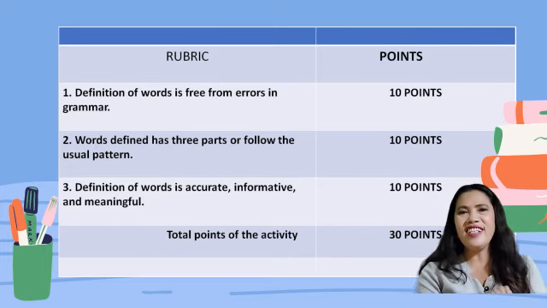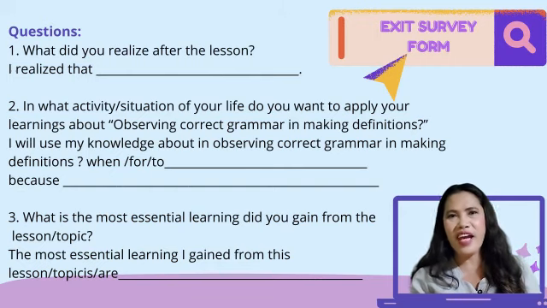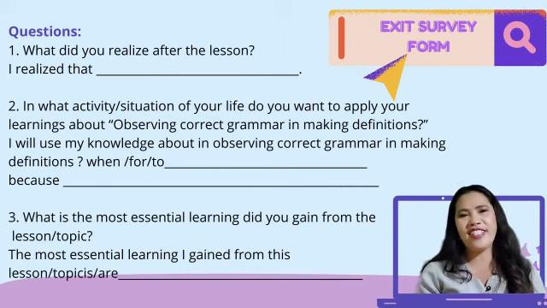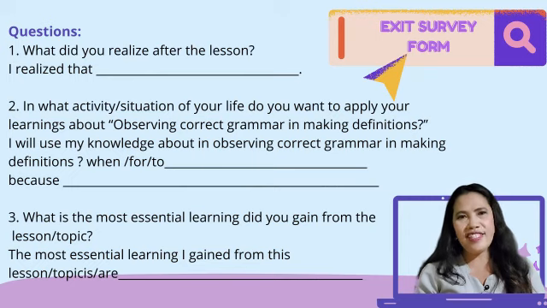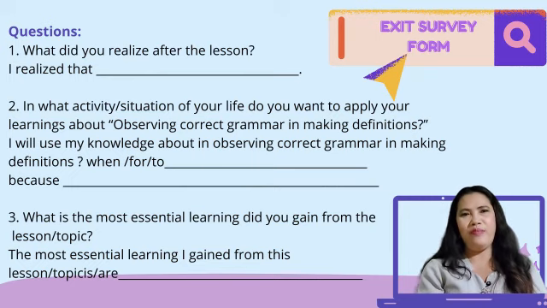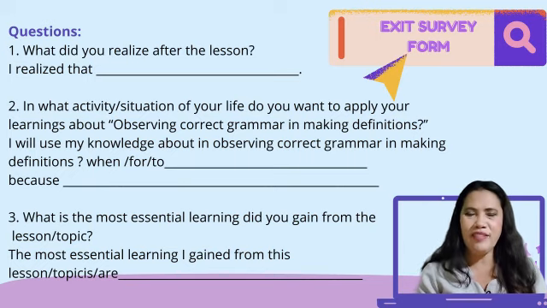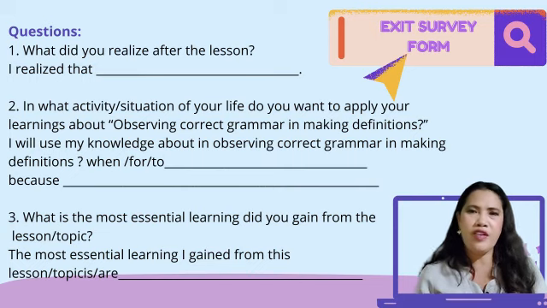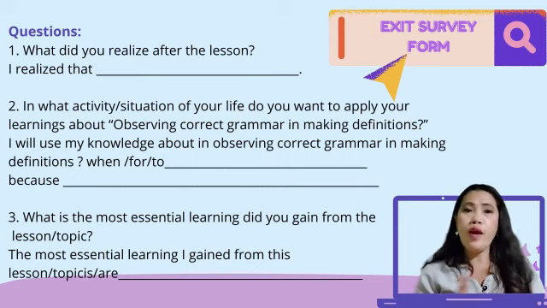Okay, so as for the last one, for our exit survey for this lesson, I am encouraging you, as your assignment, to answer our exit survey form. So again, as part of your assignment, please do this tonight in your English notebook or in any piece of paper that you want to use.